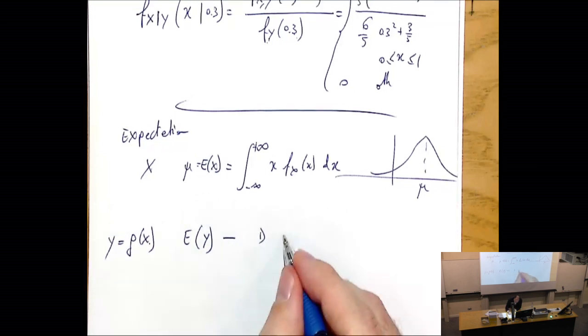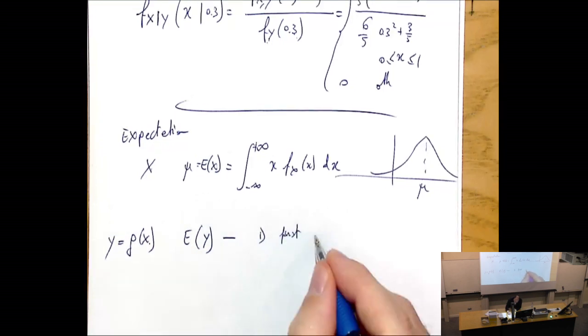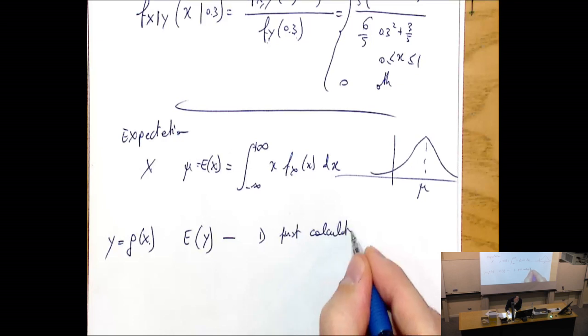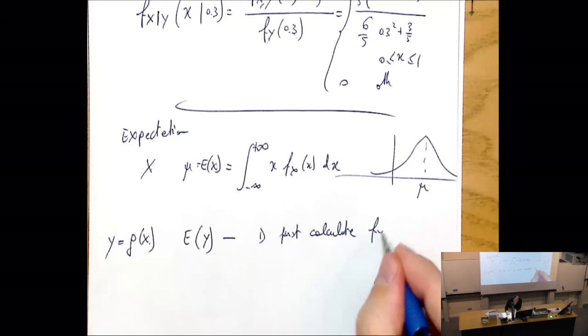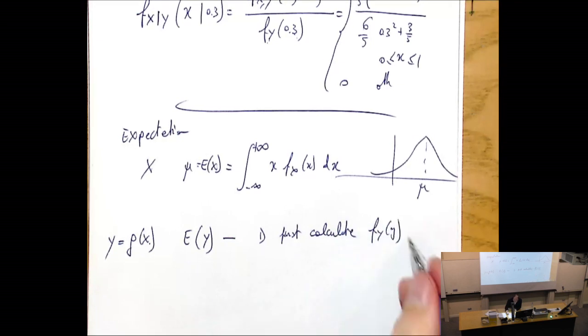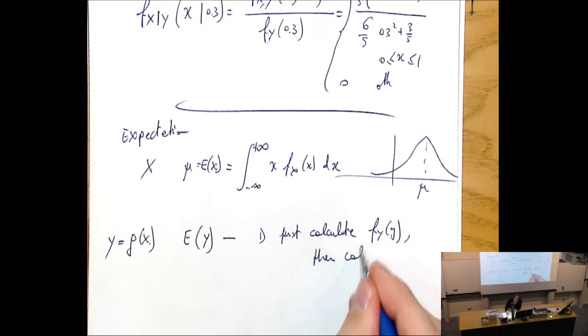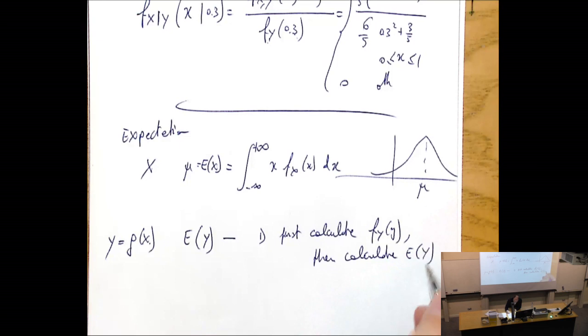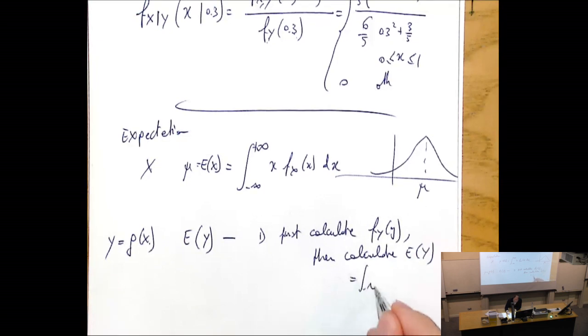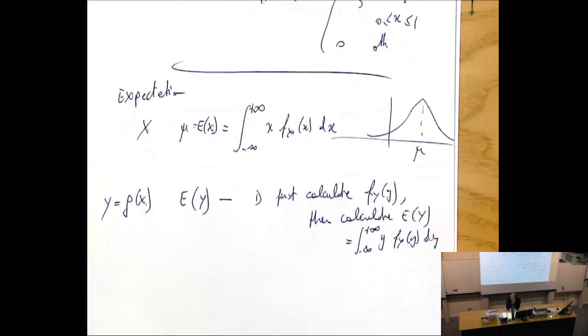Either I first calculate the PDF of y, and then calculate the expectation of y as the integral between minus infinity and plus infinity of y f_Y(y) dy. This is one way.